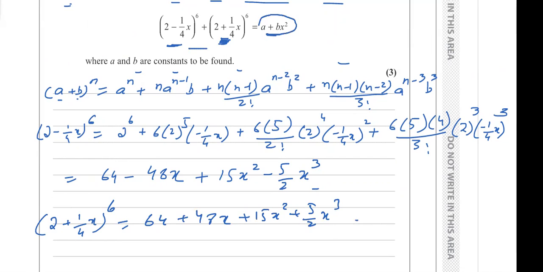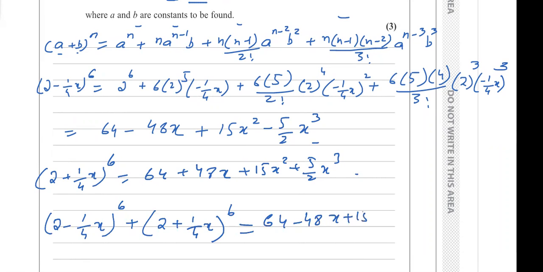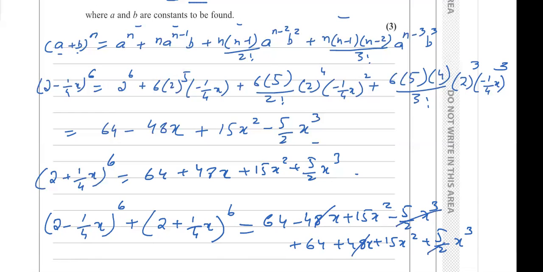So add them. (2 minus 1 over 4x) to the power 6 plus (2 plus 1 over 4x) to the power 6 will be equal to, write their values now: 64 minus 48x plus 15x square minus 5 over 2 x cube plus 64 plus 48x plus 15x square plus 5 over 2 x cube. This minus 48x with plus 48x will cancel, and this minus 5 over 2 x cube will cancel with this.